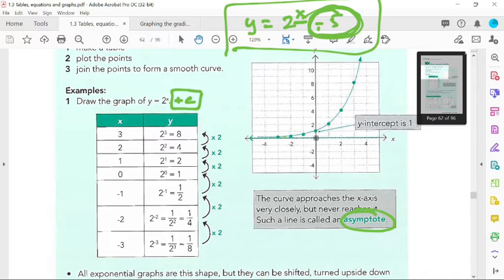It's negative 5. That means down here at negative 5, there's an asymptote. So it's always this thing that's added to your exponential term. So what if it said 2 to the x plus 3? That means there's an asymptote at plus 3. It's the easiest part of the graph. Okay. Right? So there's always an asymptote.